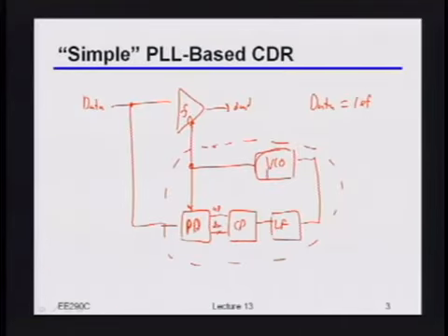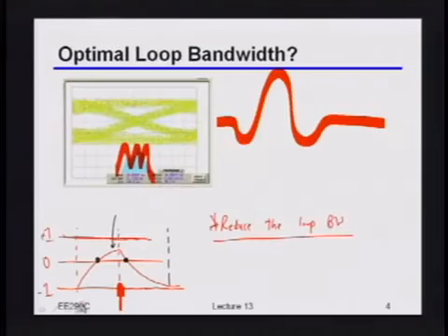Even if we're killing the noise from the VCO, it would be passing the jitter from the data itself in a very big way into the output, right? So it's a combination of: we want to make the loop bandwidth high because of the VCO noise, but we want to make it low because of the jitter on the incoming data. And with this particular architecture, there was no way you could actually do that, right?